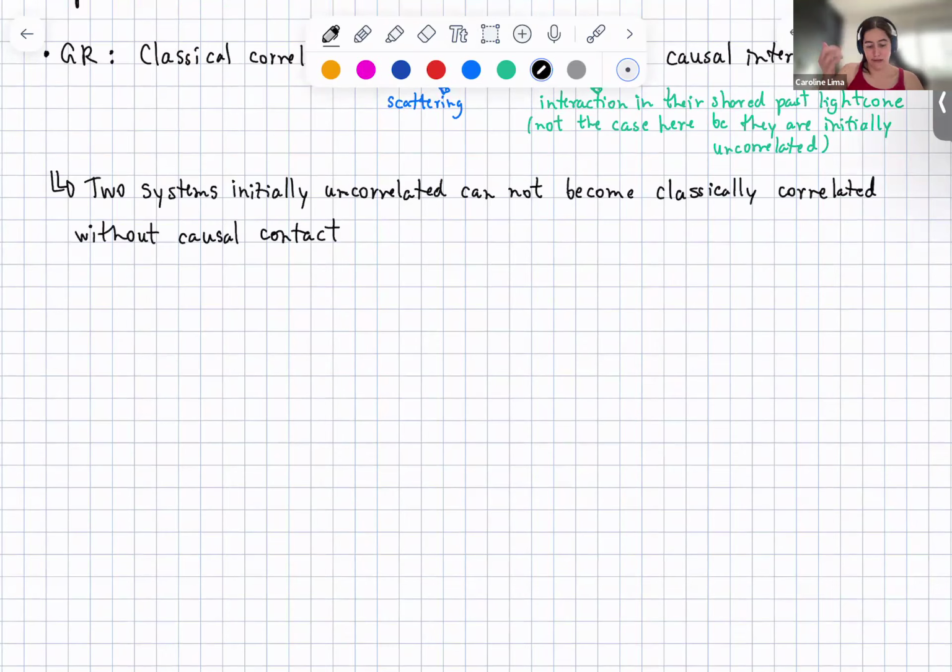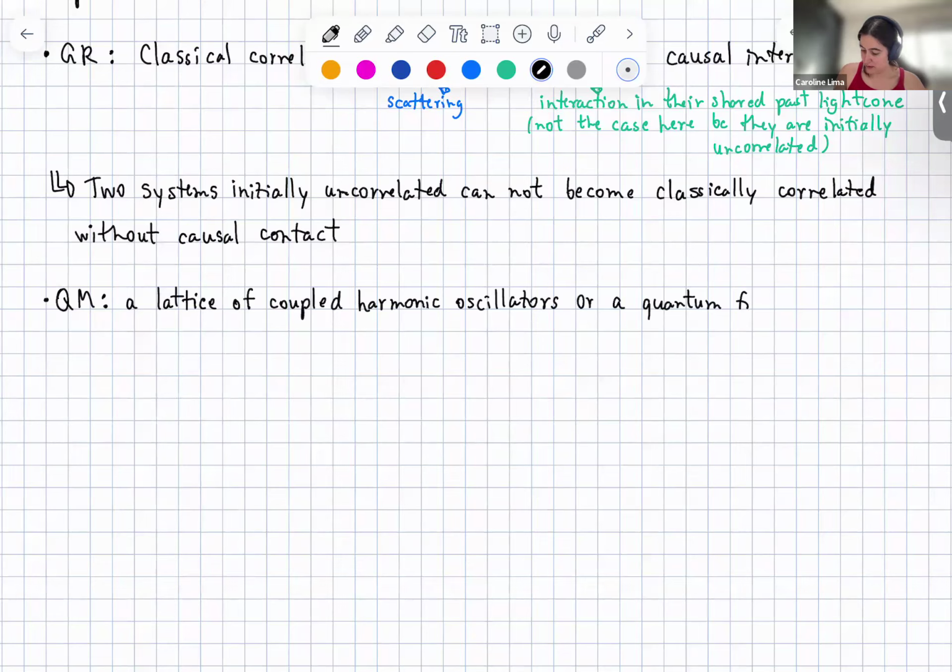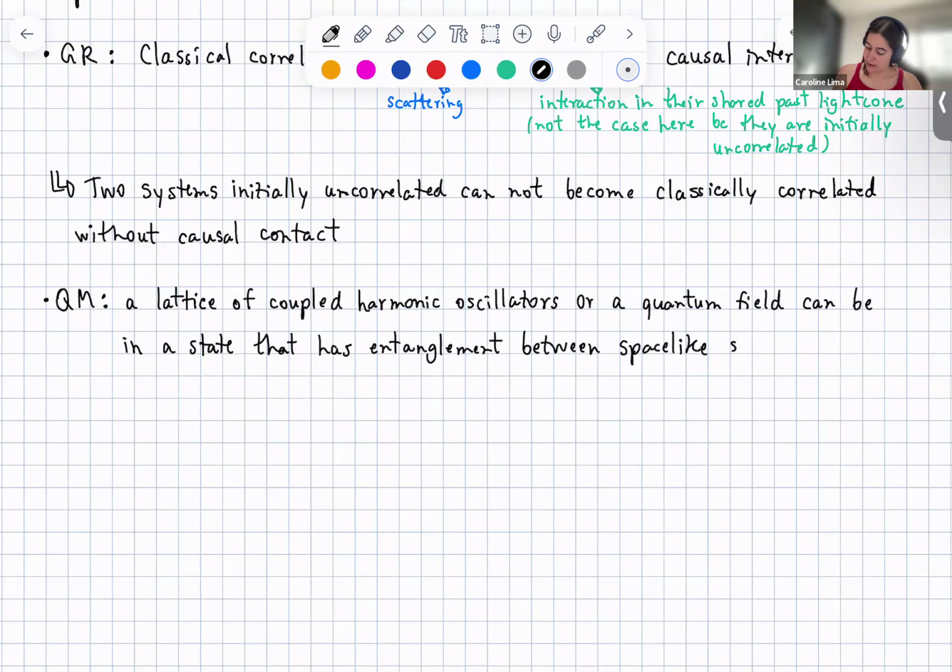Now, what does quantum mechanics tell us? Quantum mechanics is going to tell us that if you take a lattice of coupled harmonic oscillators, or a quantum field, which is pretty much the same, but taking the limit of infinitely many harmonic oscillators that are infinitely close to each other, both of them are such that they can be in a state that has entanglement between space-like separated regions.